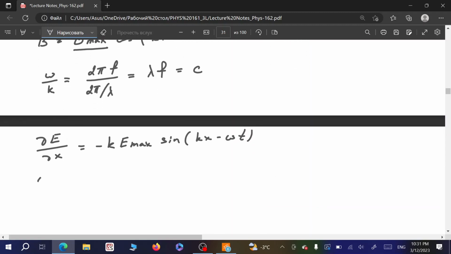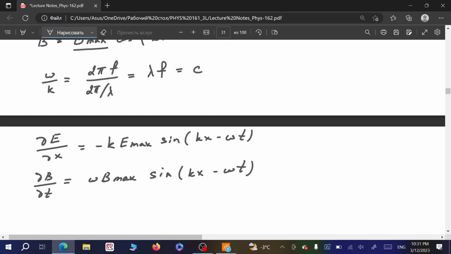For the magnetic field, we take the partial derivative over time. That will result in omega times B maximum times sine of kx minus omega t.